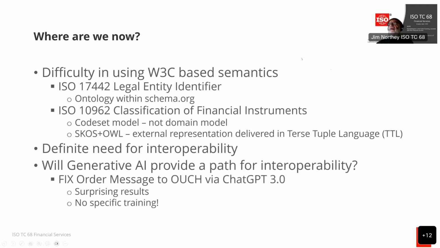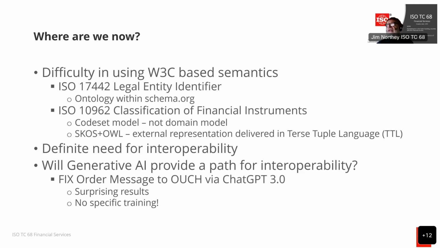So where are we now? We do have some W3C based semantics. And the ISO 17442 legal entity identifier actually went with an ontology through schema.org. The legal entity identifier is designed to be a global legal entity identifier with a registration process to be used cross industries. And again, that whole notion that identifiers can be a key use of interoperability across different entities throughout the various life cycles of businesses that are done in society.